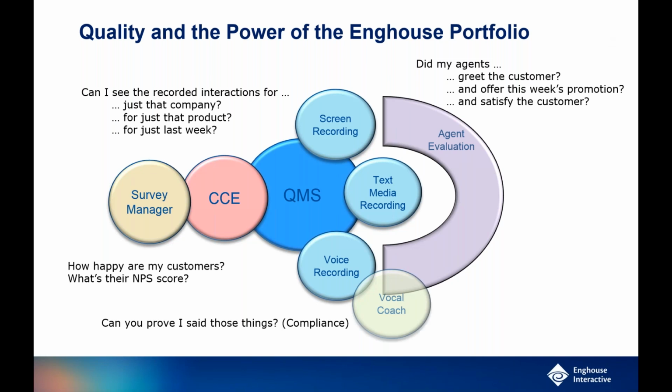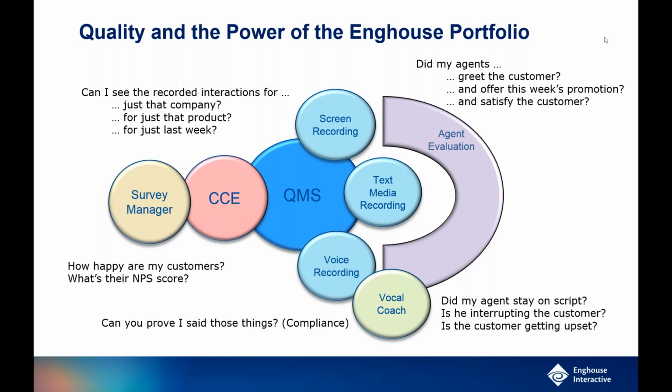And then lastly, I can layer on something else with QMS, a product called the Vocal Coach. And this is that speech analytics engine where I can now listen to interactions, and I can do it depending on the level of CPU power I want to apply to this. I can do it either in real time or using historical recordings, and I can measure things like agent adherence to the script they were given for interacting with customers.